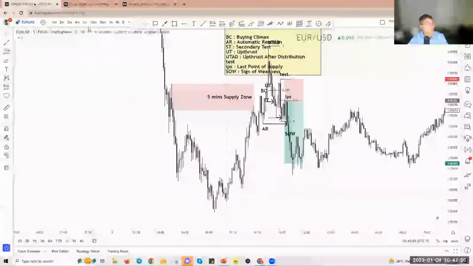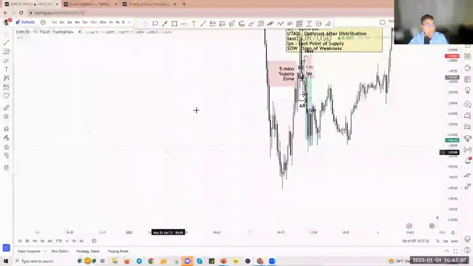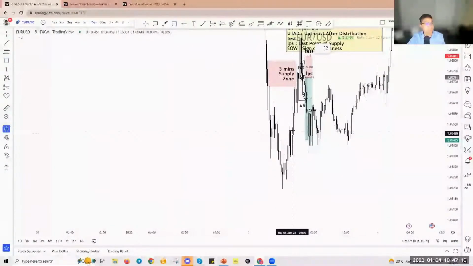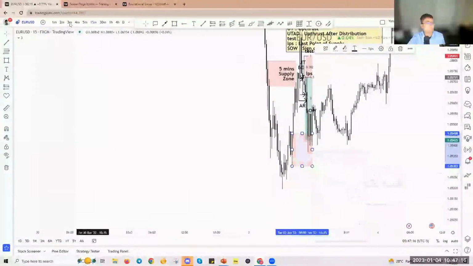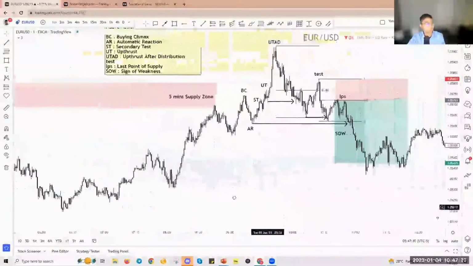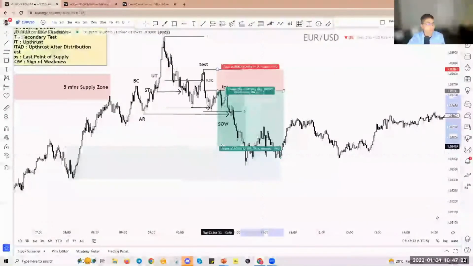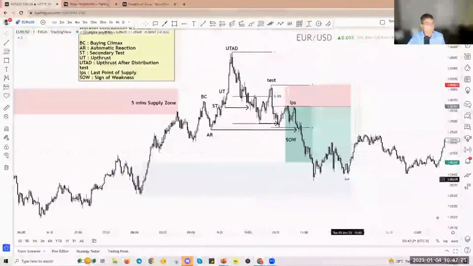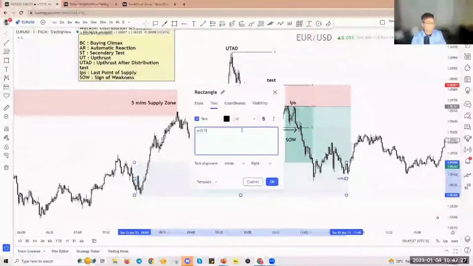And where do we aim for? We can aim for the next demand area. So a larger, maybe a 15 minutes demand area right here. M15 demand zone. So take a look where price hits to before it bounces up. So this is the M15 demand zone.